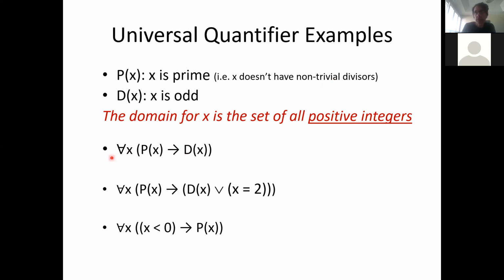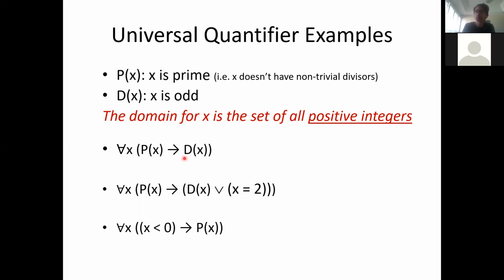It is true if it is the case that for all x's in the domain of positive integers, it holds that if x is prime, so the hypothesis in this implication is made true, then the consequence must also occur. So the minute that some integer is prime, we can conclude that it's also odd.